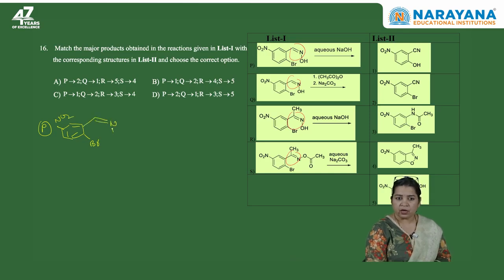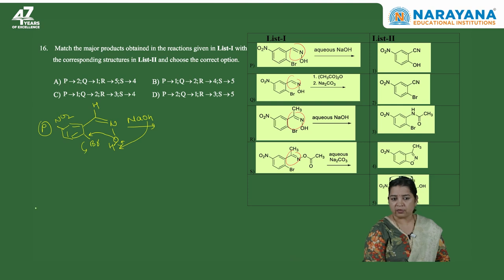Now here, this OH, it is an aldoxime, other side is H. Now, the reagent given is aqueous NaOH. NaOH being a base will take acidic H from here. So OH minus will take the acidic H. O minus is formed. O minus will do SNAr and we'll have this substitution.